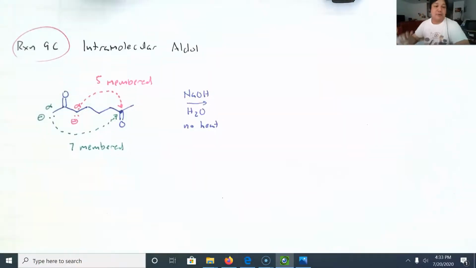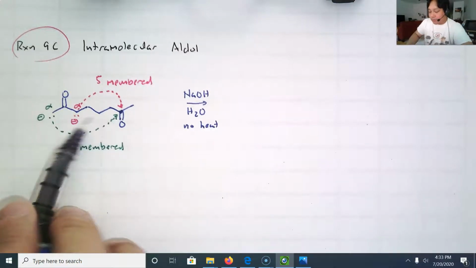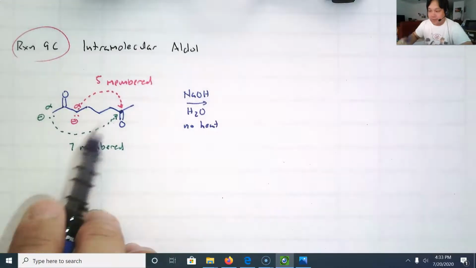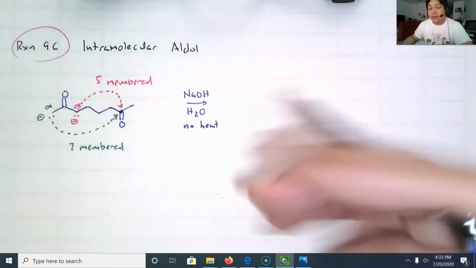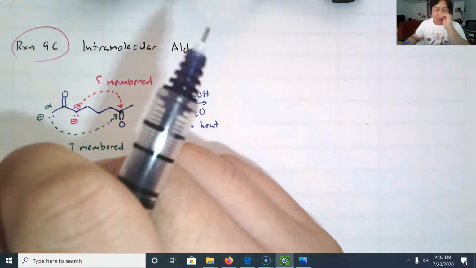Okay, due to bond angles, right, it's more likely that these two carbons will find each other than these two carbons. Just has to do with bond angles. You know, a 6-membered ring, once it's a chair conformation, all of those bond angles are tetrahedral, right?